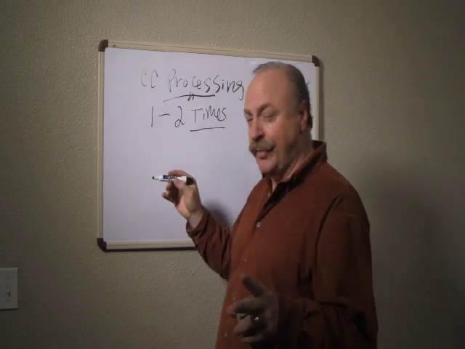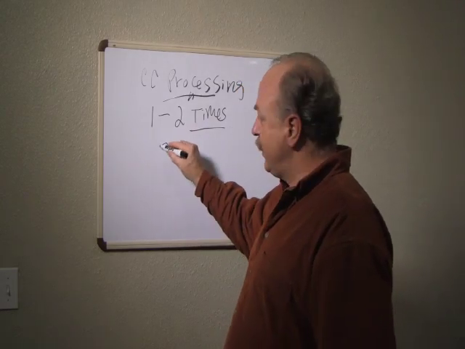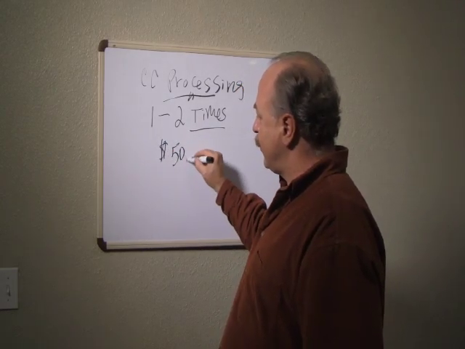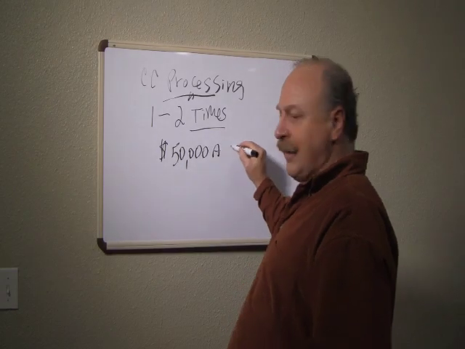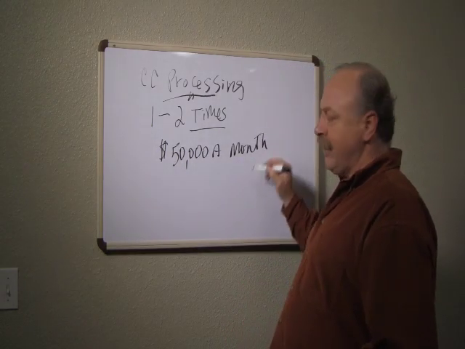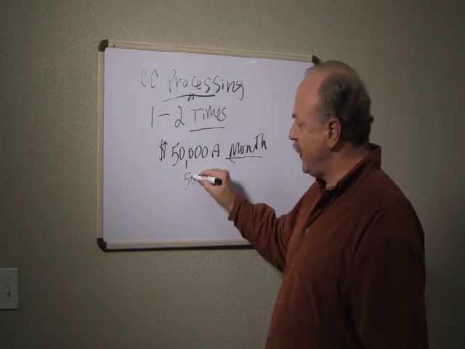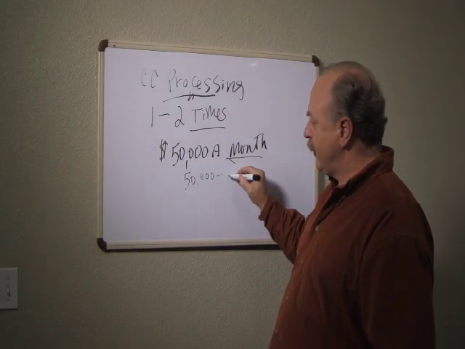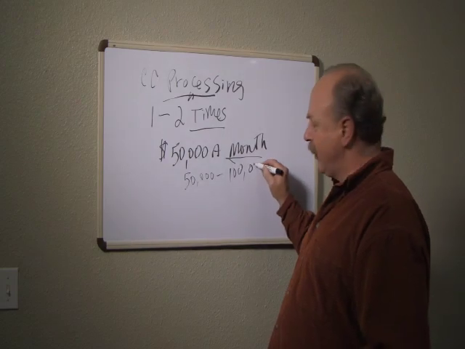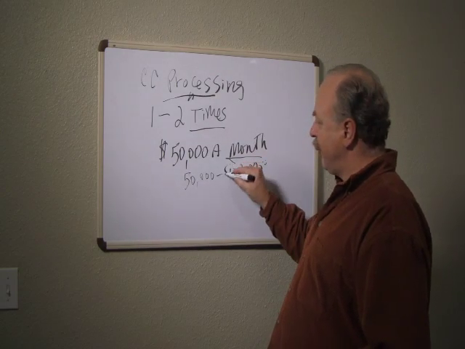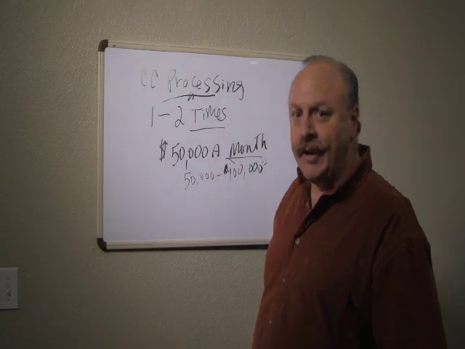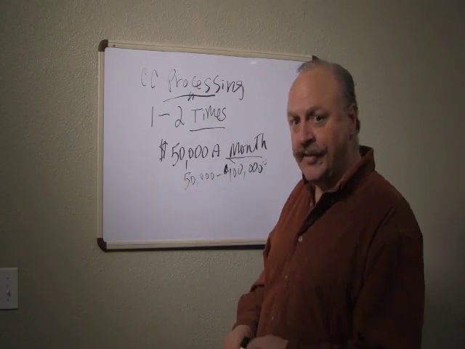As an example, if the company does $50,000 a month in gross receipts, it can borrow $50,000 to $100,000 via an MCA product or Merchant Cash Advance.